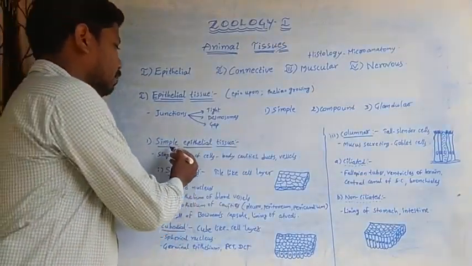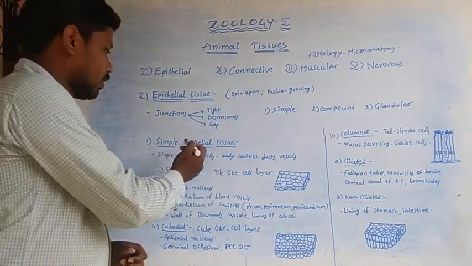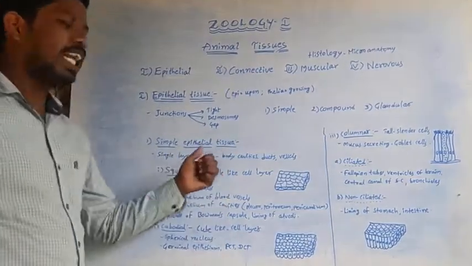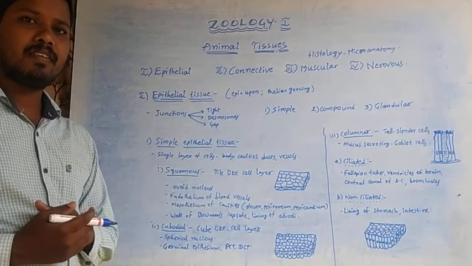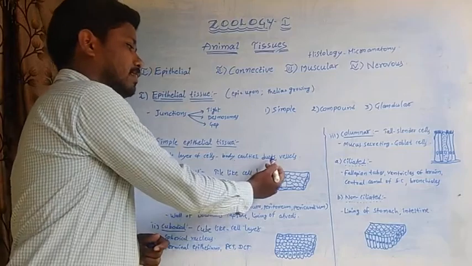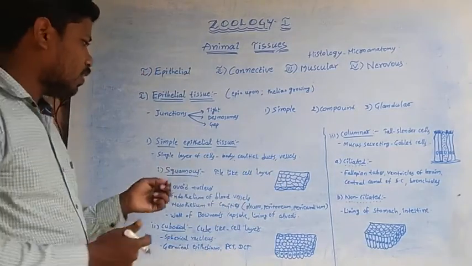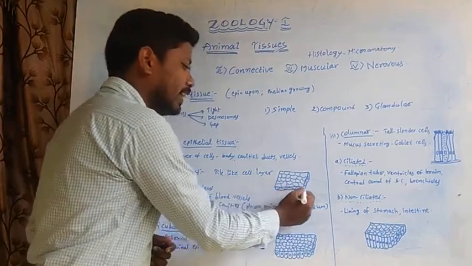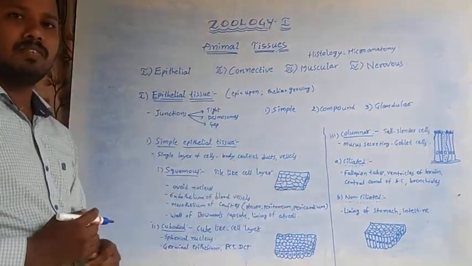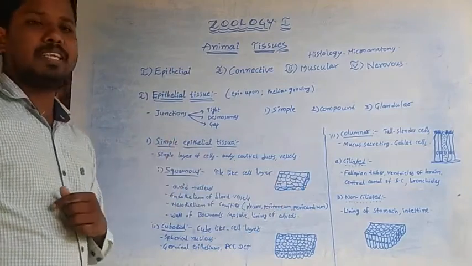Simple epithelial tissue forms a single layer of cells. It forms in the body cavities, ducts, and vessels. Only a single cell layer is present in the tissue, so those types of tissues are called simple epithelial tissues.